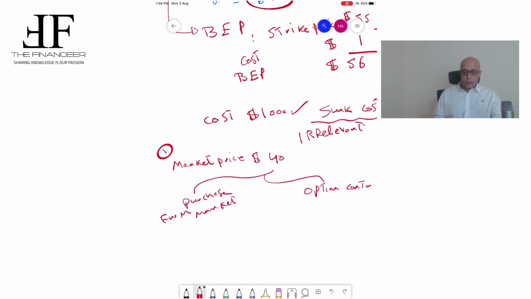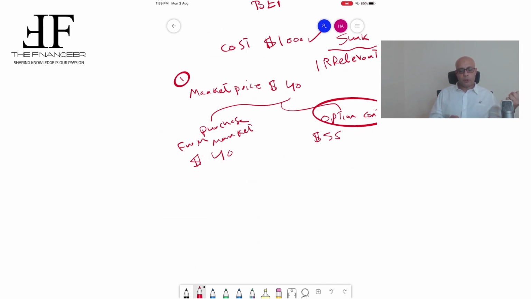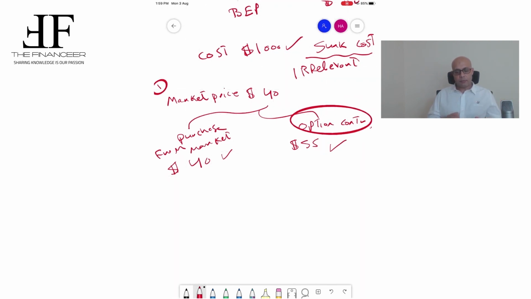If the buyer is going to exercise and use the option contract, he must pay the strike price, which is $55. But if he would like to purchase this stock from the market, he is going to pay $40. So if you are in the position of the buyer, one option is to purchase from the market and pay only $40, and the other option is to exercise the option contract and pay $55.